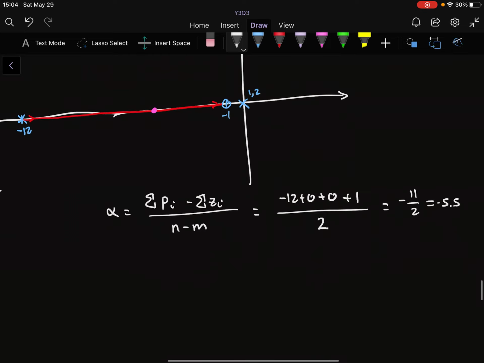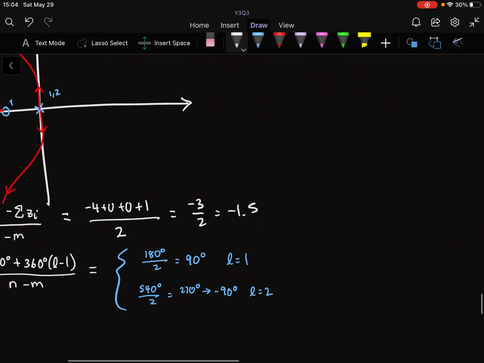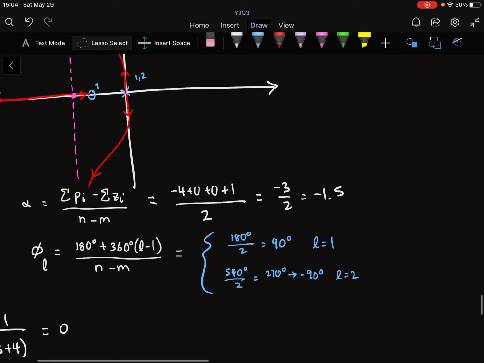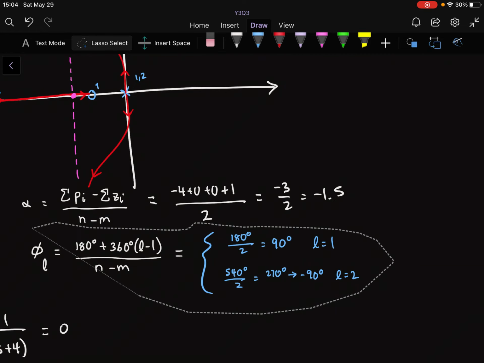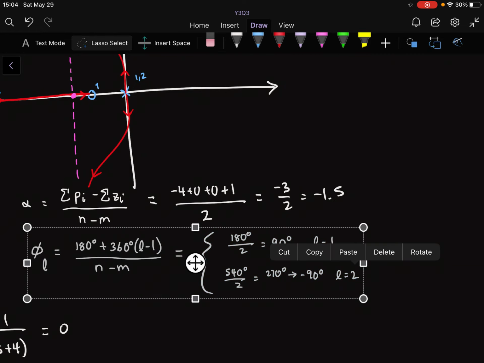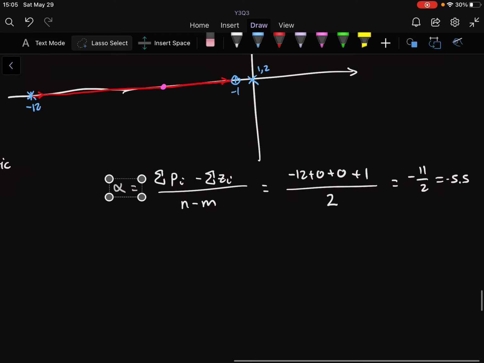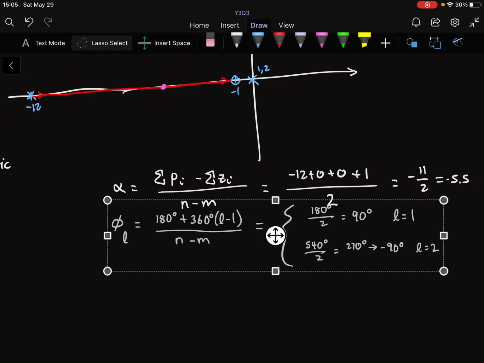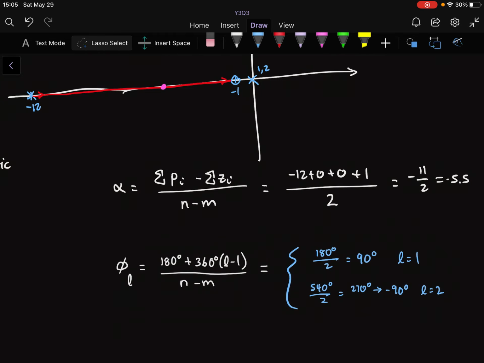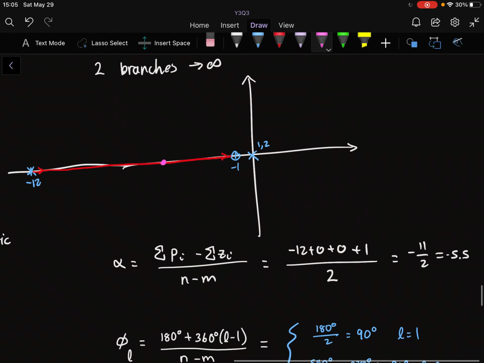And I'm not going to repeat the calculations for the angle. We're just going to steal it from here. It's exactly the same because n and m are exactly the same. So I'll just paste that here, and we can just immediately draw our asymptotes.